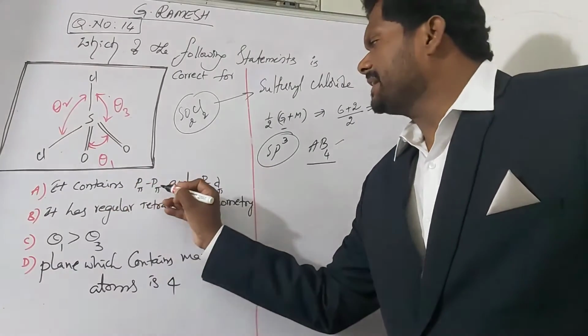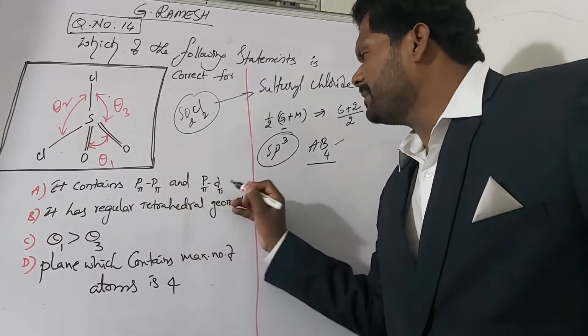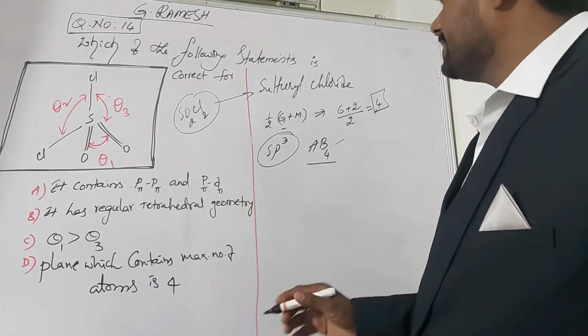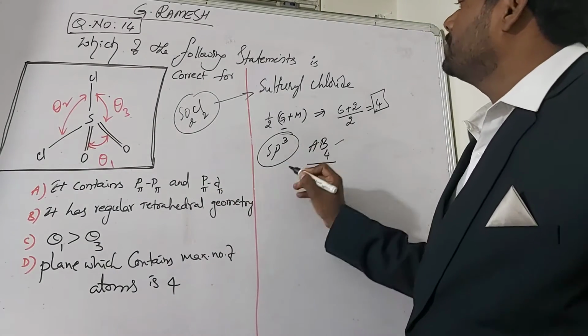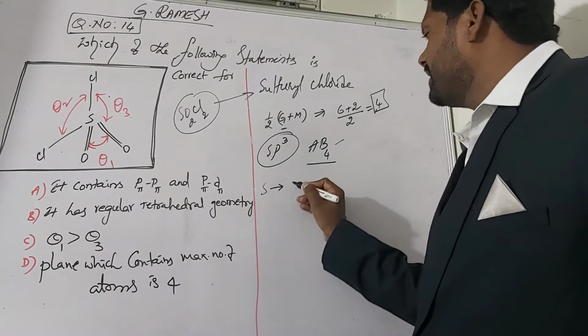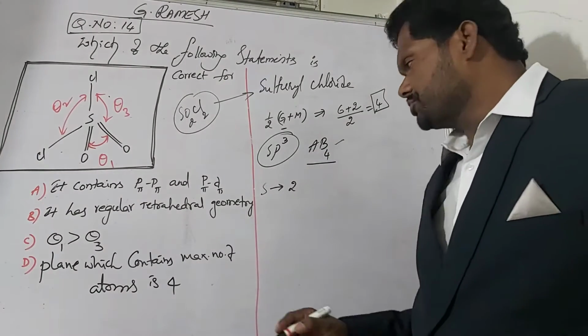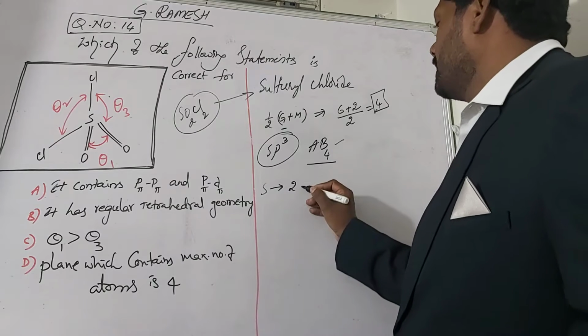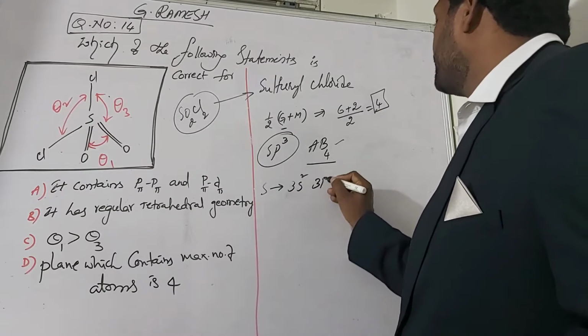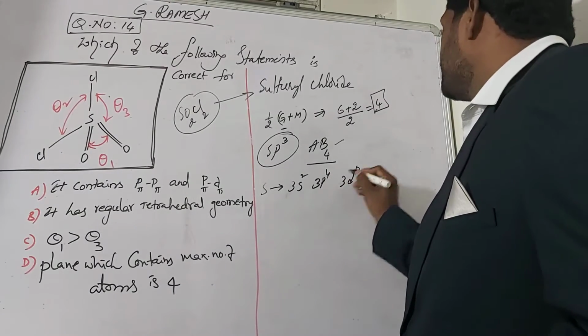What about this? It contains p pi and p pi d pi bonds. It seems to be a little new, but it was quite easy. I told you the hybridization of sulfur is sp3. Sulfur belongs to the 6th group, so it can have 3s2 and 3p4, in fact 3d0.